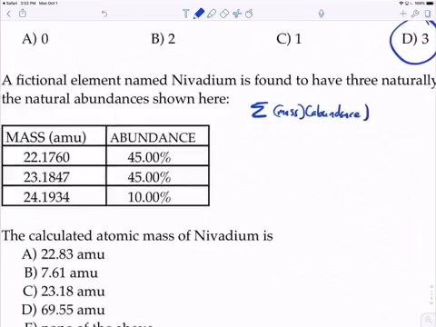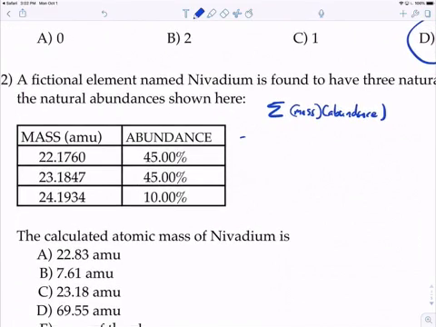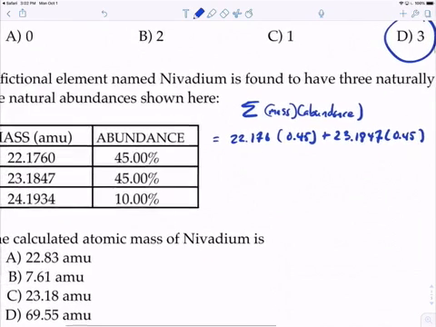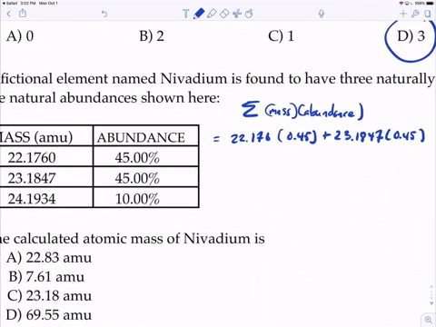So this equals 22.176 times 0.45 for 45%, plus 23.1847 times 0.45, minus the last one, 24.1934.